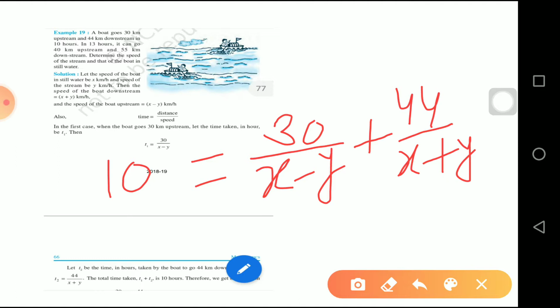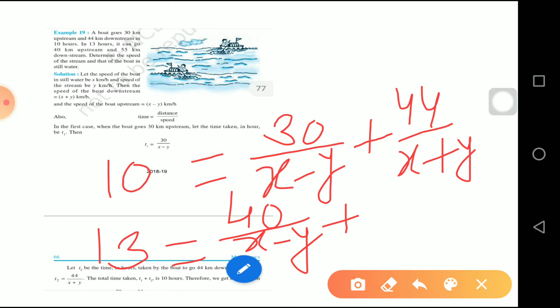For the second situation, 13 hours is given. 13 hours is taken if we go 40 km upstream, that is 40 divided by x minus y, and 55 km downstream, that is 55 divided by x plus y.